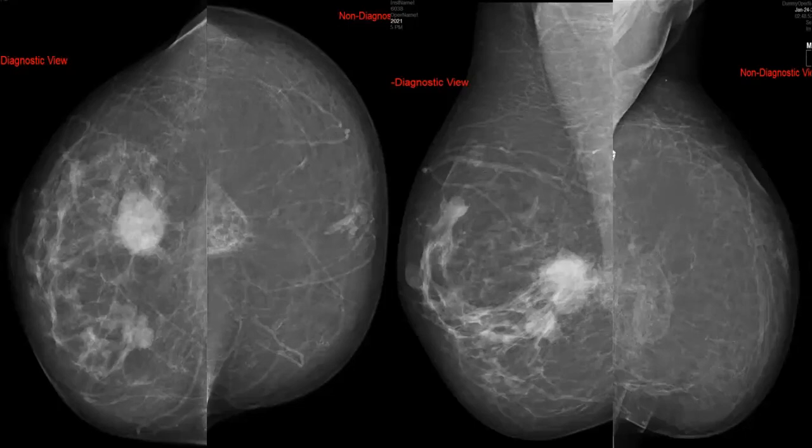CC view. First of all, the image quality of the MLO view is not so adequate.